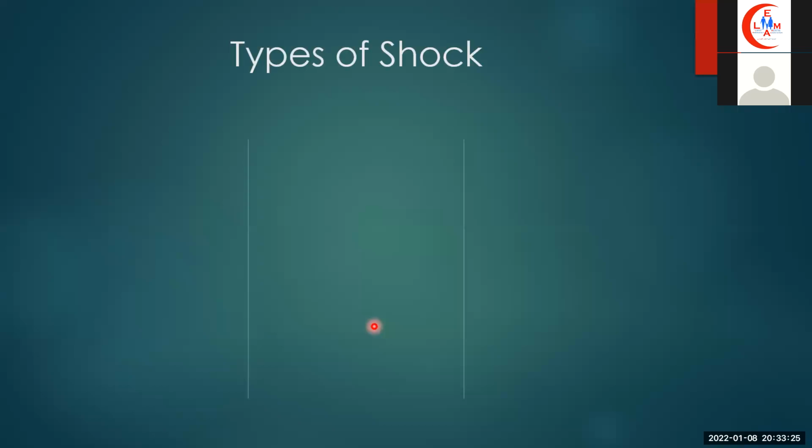So now we'll talk about what the types of shock are. There is hypovolemic shock, when the volume of blood is reduced, and this could be hemorrhagic and non-hemorrhagic.